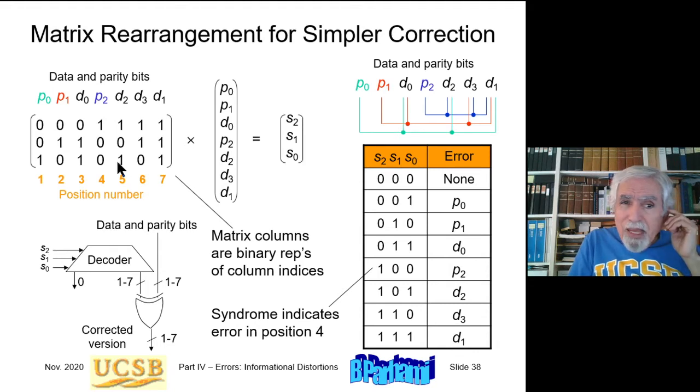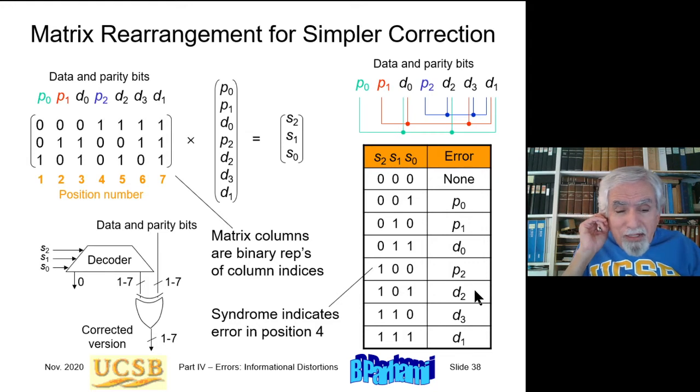Now the nice thing about this is that the syndrome directly corresponds to column number. So syndrome 001 says that the bit corresponding to column 1 is in error, which is P0. Syndrome 100 indicates that the error is in column 4, which is P2.